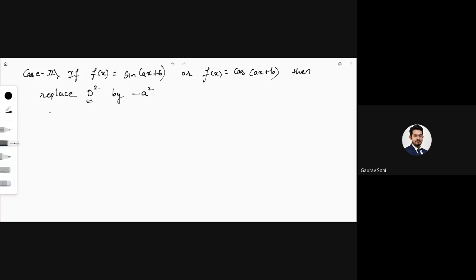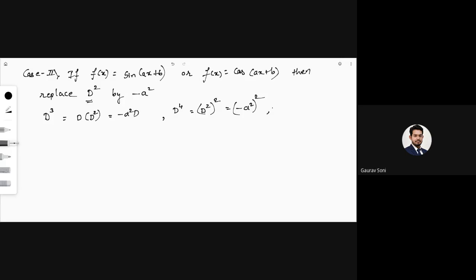I mean to say, if I want to replace d cube, then that will be d into d square. So our answer will be d square is replaced by minus a square, so minus a square d. If you want to replace d raised to 4, that will be d square squared, which is minus of a square whole square.